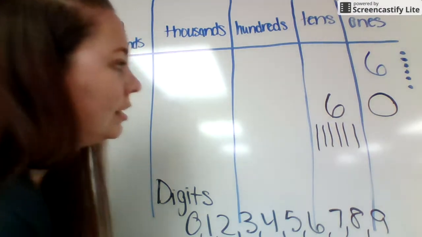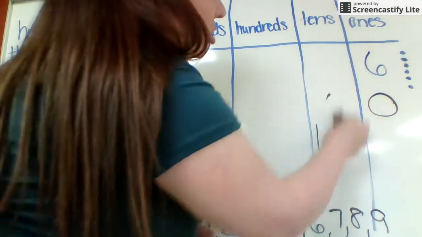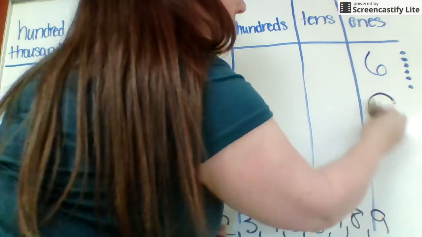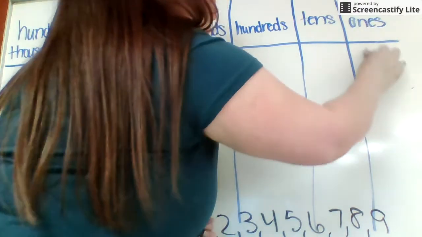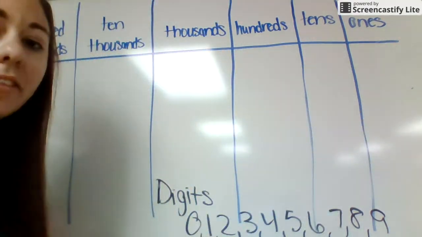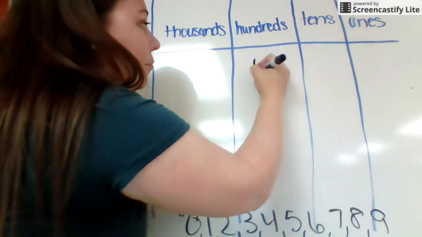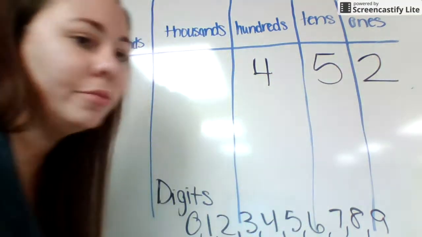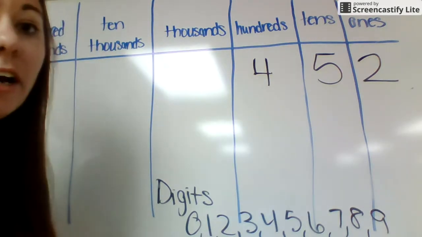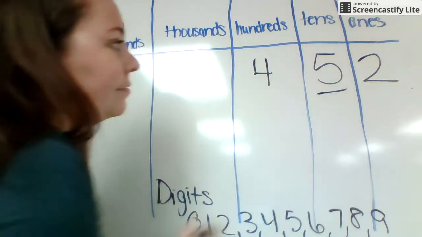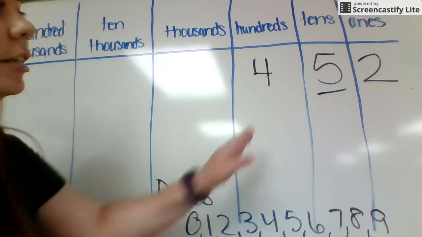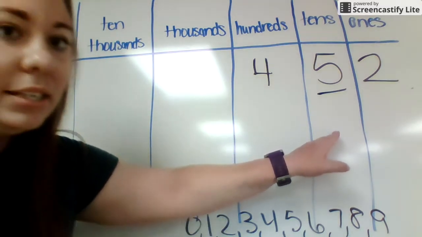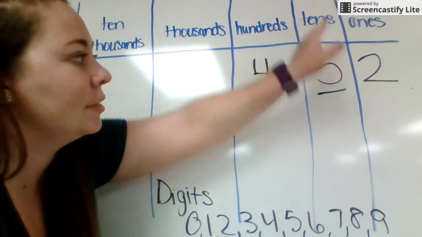So let's try looking at the values of some different digits and numbers. Say I have the number 452, and I ask, what is the value of the 5? Well, I'm looking in the place values, and I see that the 5 is in the tens place.